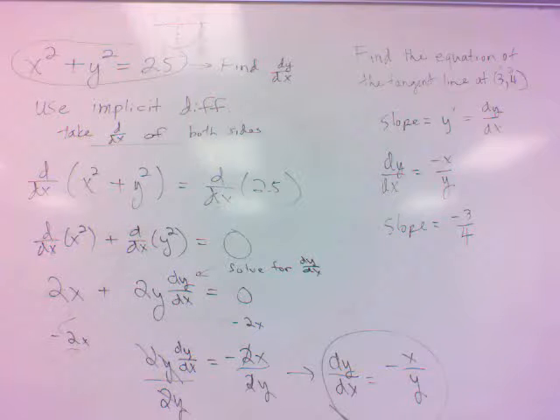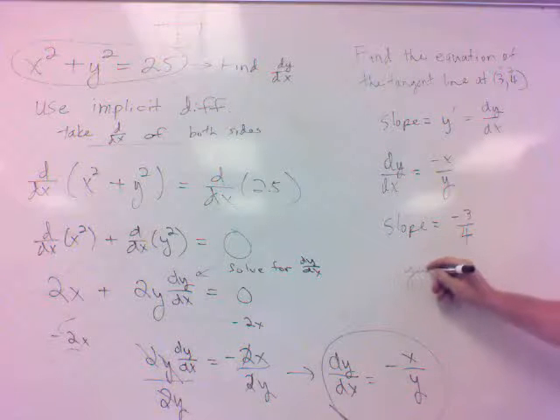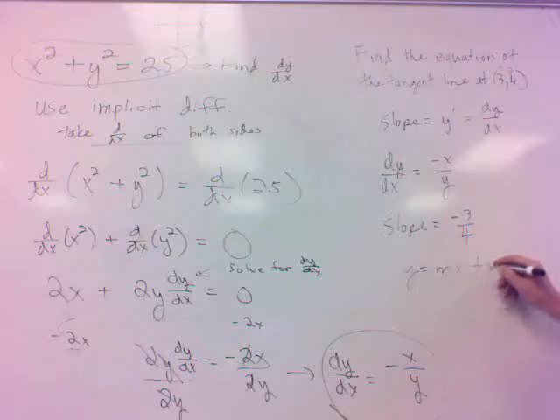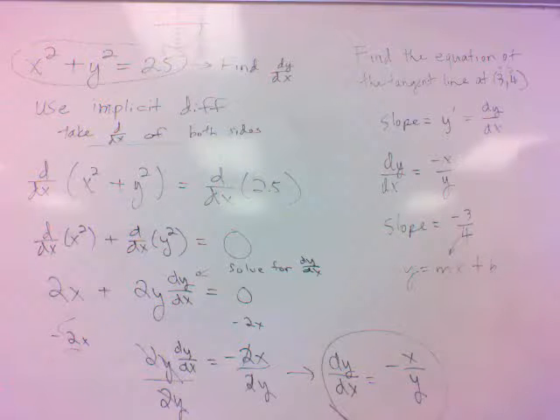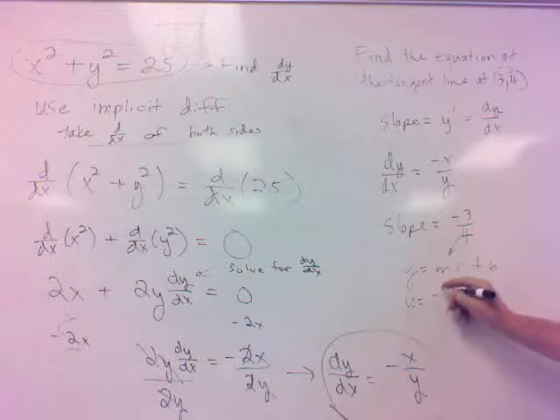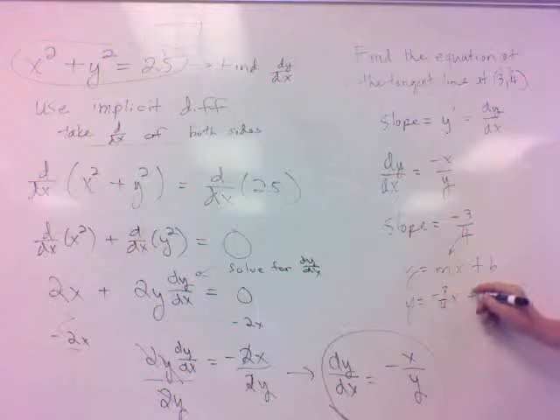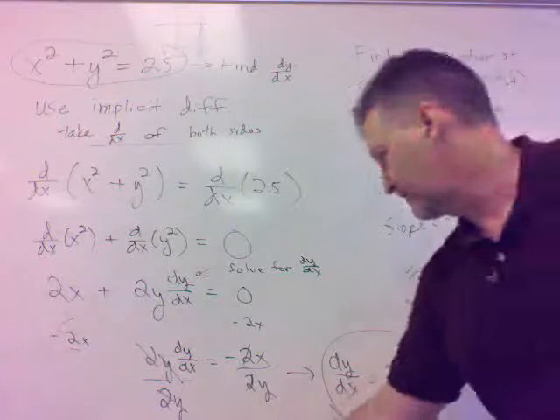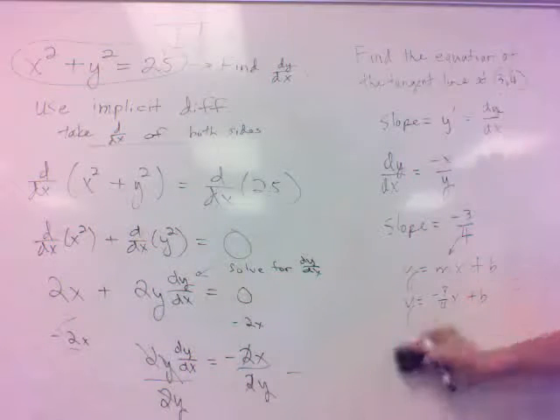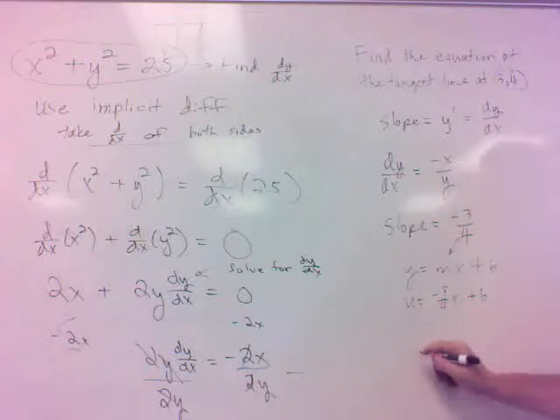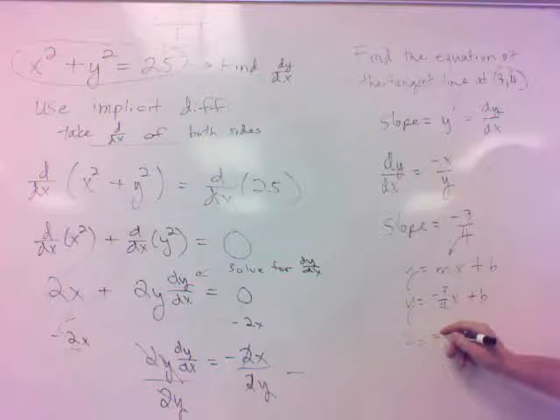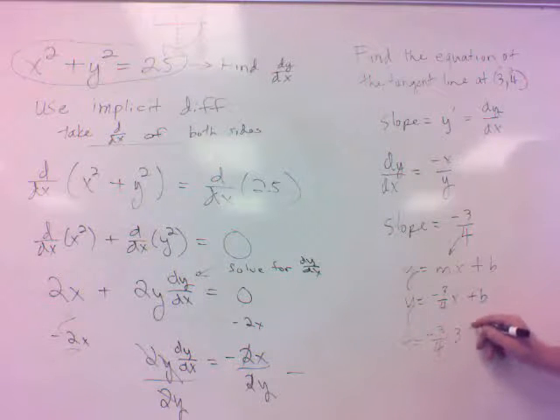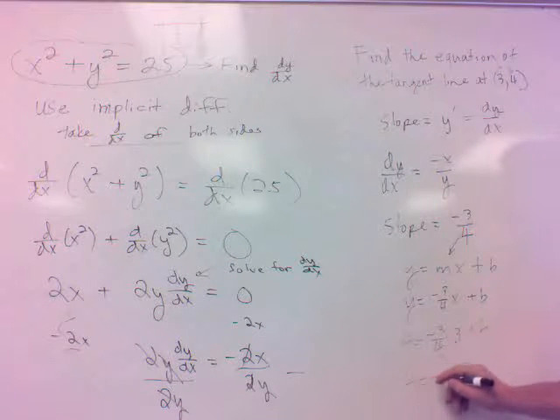And then the equation of the tangent line, well, it's y equals mx plus b. Now we know m, it's negative 3/4. b, well, we've got to find it however we want. x is 3, y is 4. Same thing.